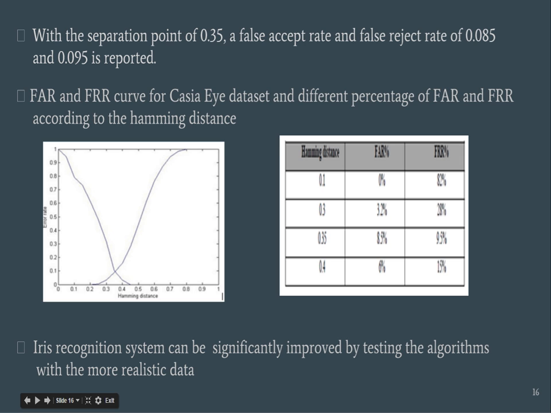If you increase the Hamming distance, which is the minimum threshold while comparing two templates, FAR increases a bit, but then it starts decreasing. However, on the other side, FRR decreases and FAR increases as you increase the Hamming distance. Another observation is that the iris recognition system can be significantly improved by testing the algorithm with more realistic data.